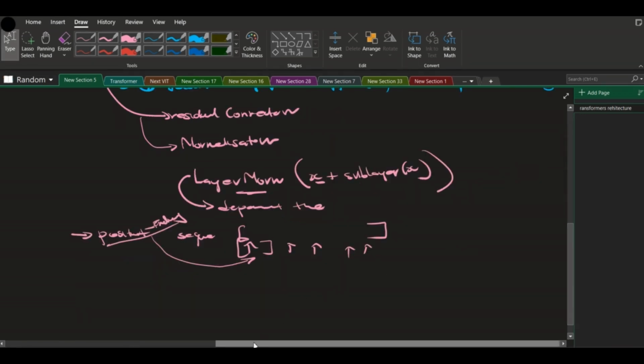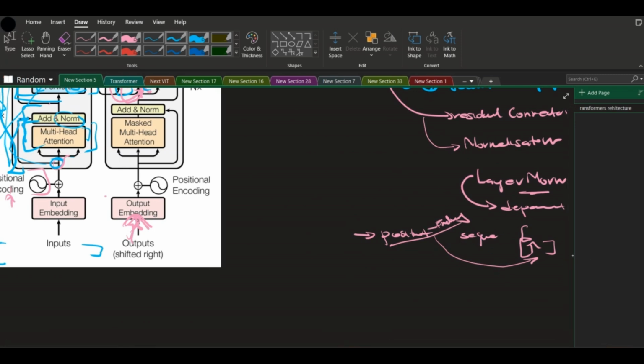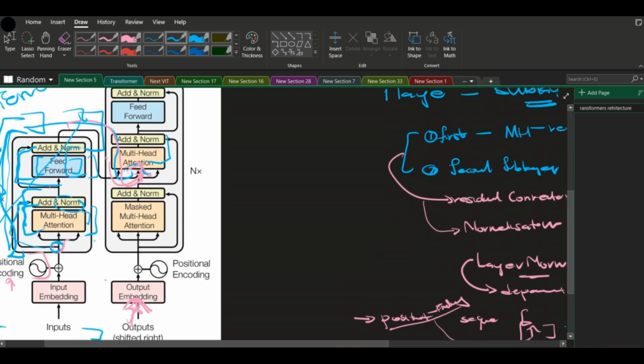So now let's look at the decoder portion. We explained the encoder, and now I'd like to look at the decoder and its sublayers. They use the same components, with a slightly different implementation.